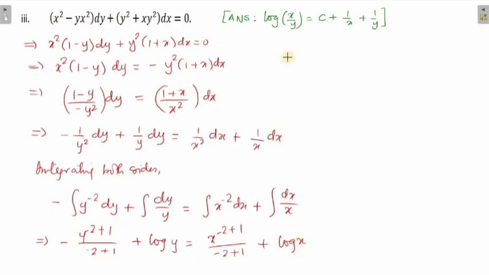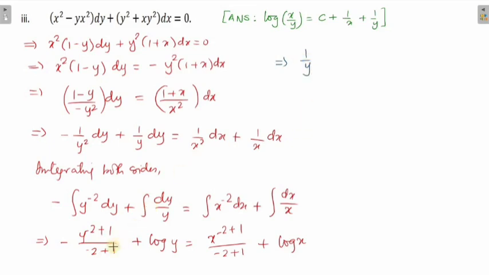Okay, now look at this. How much is this? This is exactly equal to y to the power minus 1, divided by minus 1. So minus into minus becomes plus. See here carefully, minus 2 plus 1 is minus 1, minus into minus becomes plus. So can I write this as y to the power minus 1, which is 1 by y?